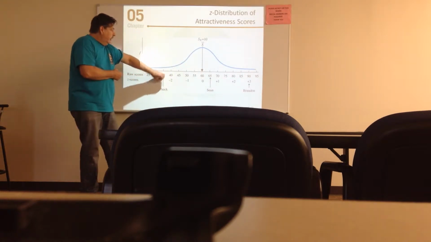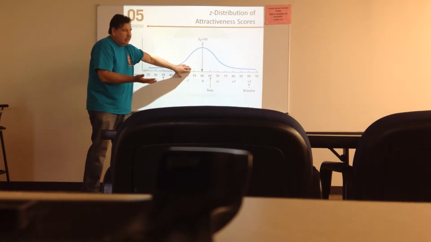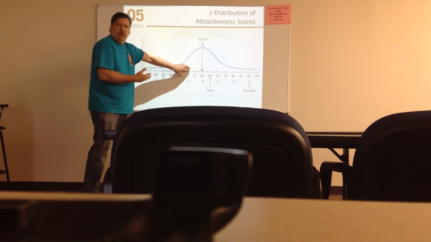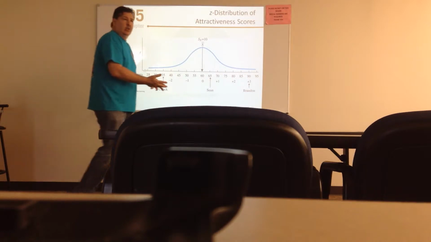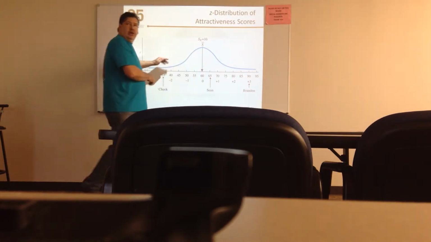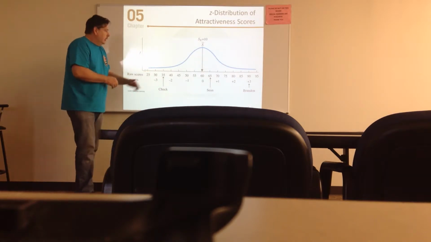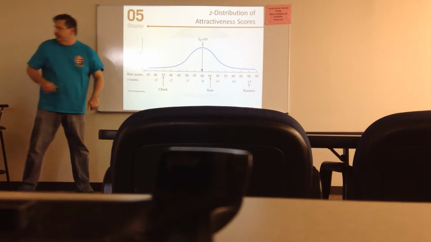But if you fall over here on this side, below average, the chances are that you're not going to do so well, or you're going to struggle. So we can do a lot with Z-scores. As long as the distribution is normal, we can determine what a Z-score is based on a particular raw score.